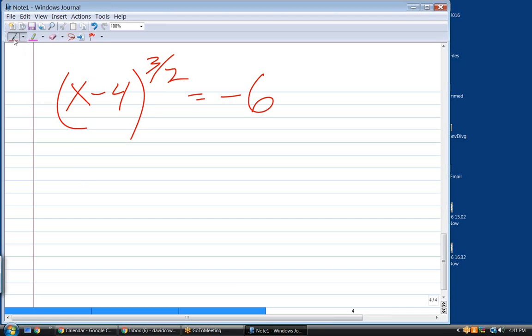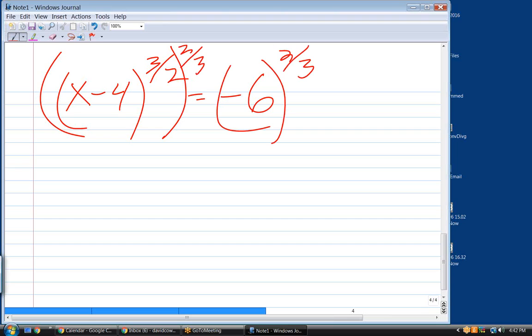Okay, what's my first step here? Exponentiate the 3/2 to 2/3. In other words, you're always exponentiating to the reciprocal of that. That gives me x minus 4 on the left, and minus 6 to the 2/3 on the right.